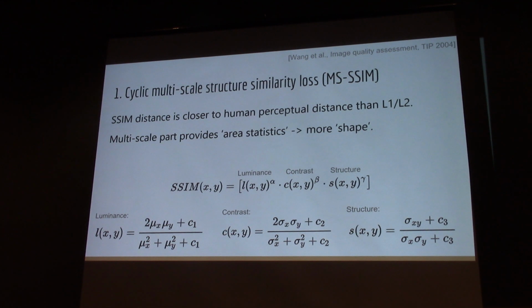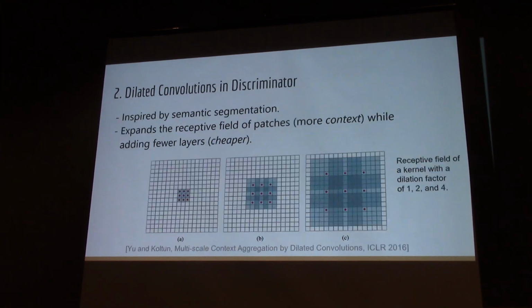Okay, second point. Philip made this great point that the receptive field in the discriminator is really important. The more that you can show the discriminator, the sharper your images can be. But this comes at a cost sometimes. The larger the receptive field, the more expensive it can be. So we're going to take an idea from semantic segmentation, actually, and introduce dilated convolutions into the discriminator.